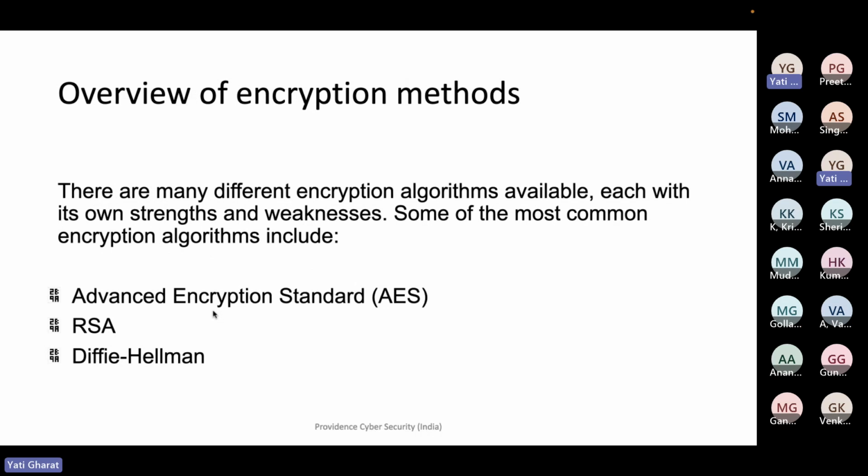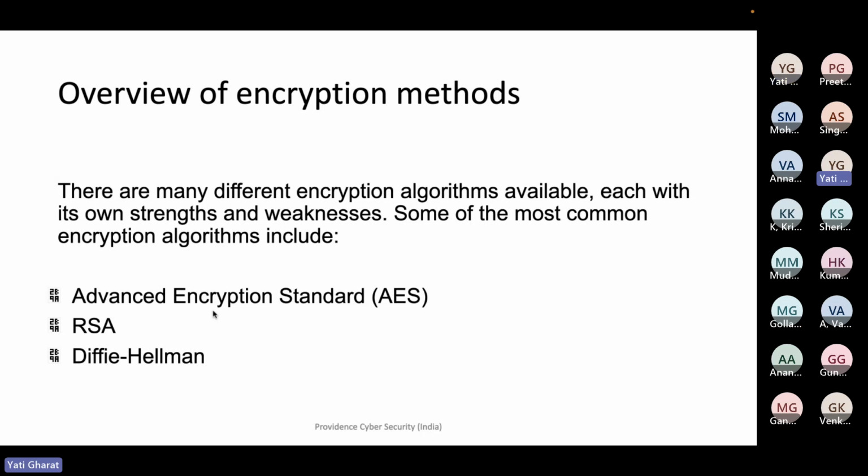So there are many different encryption algorithms available, each with its own strengths and weaknesses. Some of the most common are Advanced Encryption Standard, AES, RSA, and Diffie-Hellman. There are many other algorithms, guys, but these are some which we consider to be secure. AES and RSA are still proving that they can protect your data.